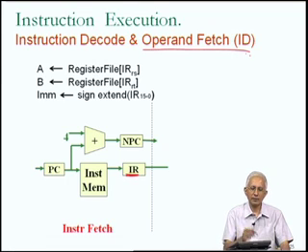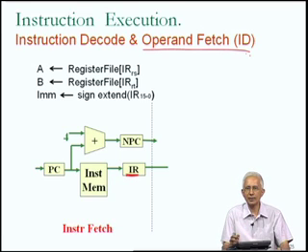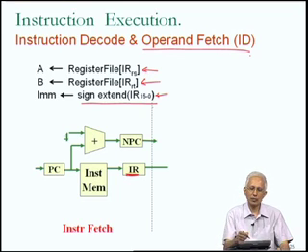Now for the particular kinds of instructions which we have, for example the arithmetic and logical instructions, there is a possibility that there are two source operands, in which case two values will have to be read out of the register file. There is also the possibility that one of the operands is going to be an immediate value, in which case the operand may have to come out of the instruction register.